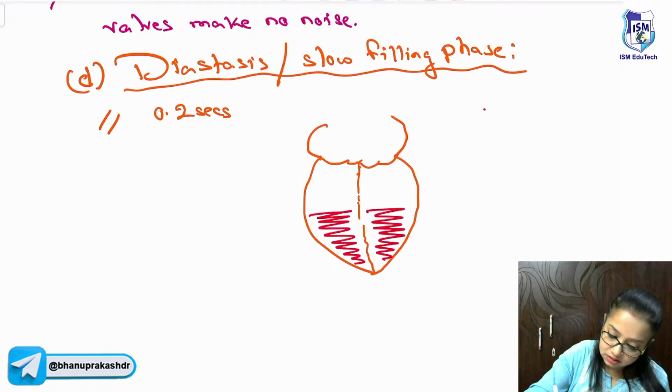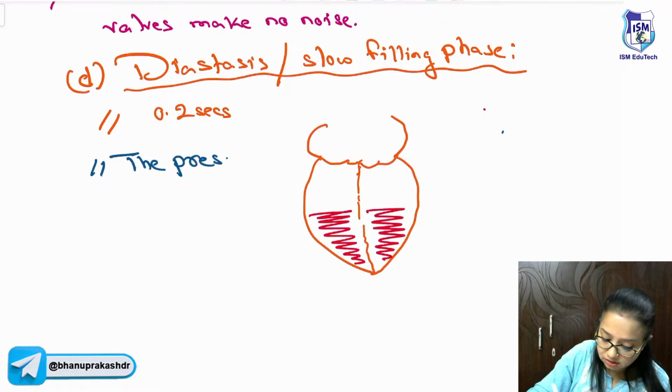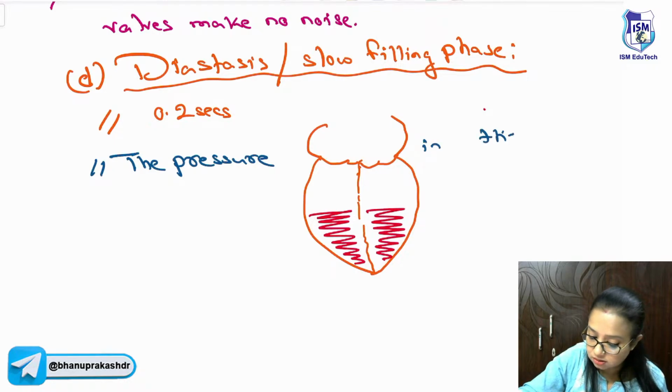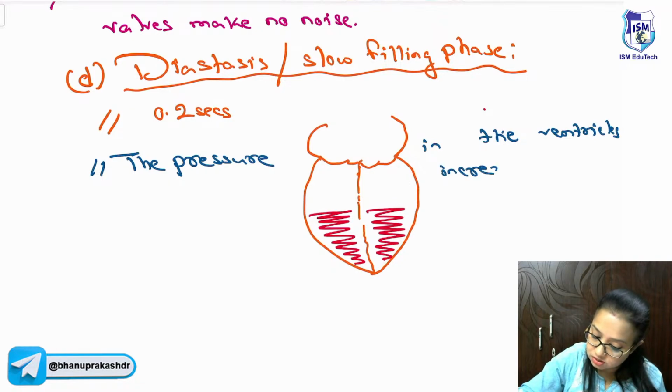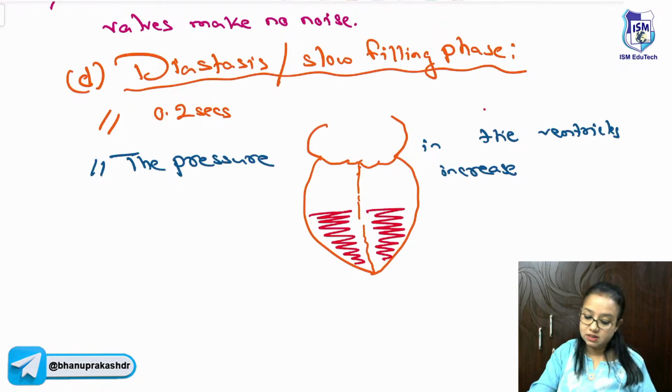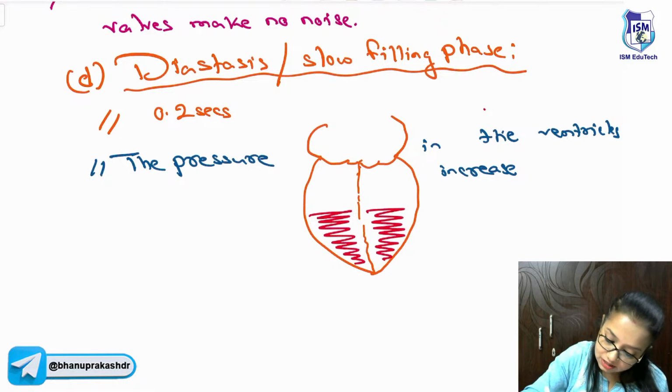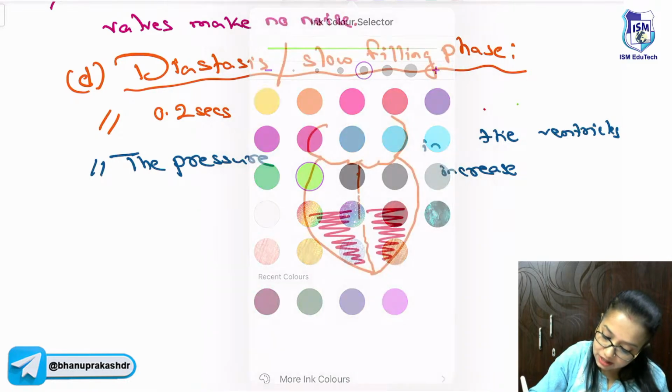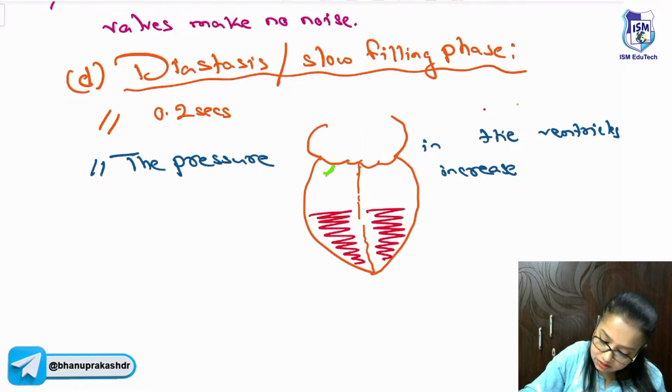The pressure in the ventricles increases, right? And still the AV valves are open.